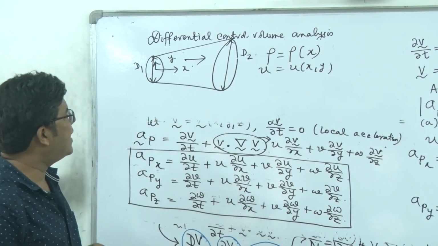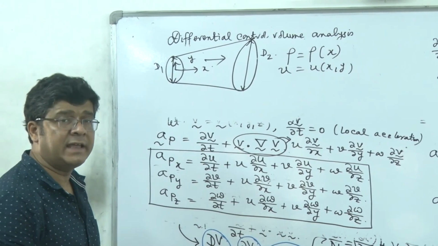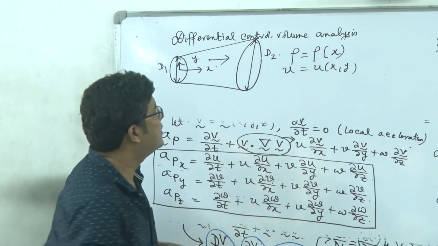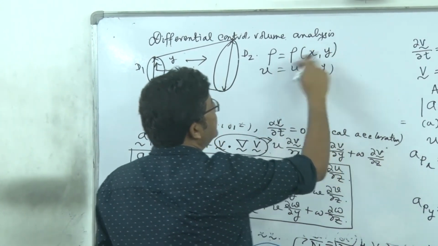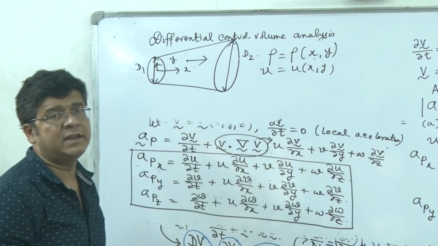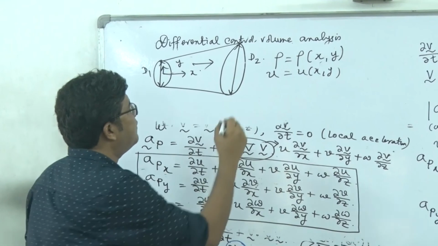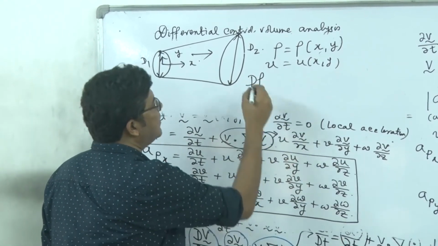So if it is asked how the density of a particle is changing, this is the change of density of the field, also a function of x comma y, right? This is the change of velocity of the field. So if it is the change of density of the particle, we will operate with this material derivative.